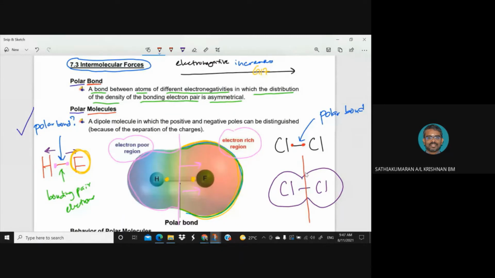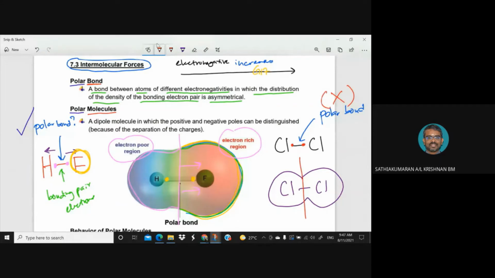So the density of the bonding pair of electrons is symmetrical. So this bond, is it a polar bond? No, the answer is no.